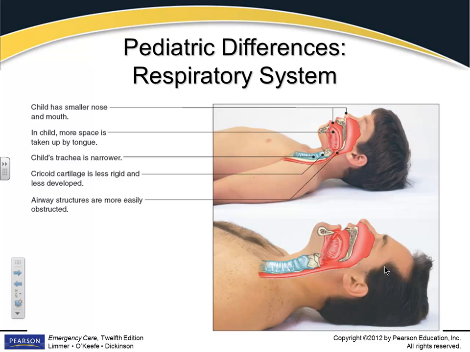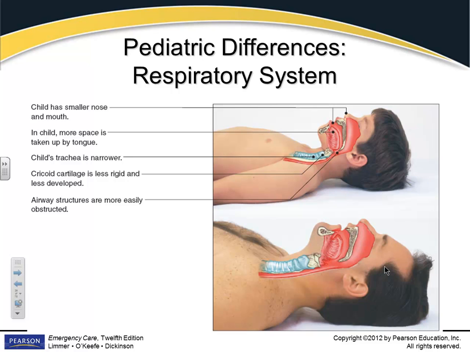The most common cause of a blocked airway in an adult unconscious patient is going to be the tongue. So you can imagine with a child, with it being that much larger, all it takes is a little bit of swelling in there, or if they're unconscious, it just takes up so much space that it greatly increases their risk for airway blockage. But probably one of the most important things that lead to a blocked airway in pediatric patients is going to be the shape of the pediatric airway.